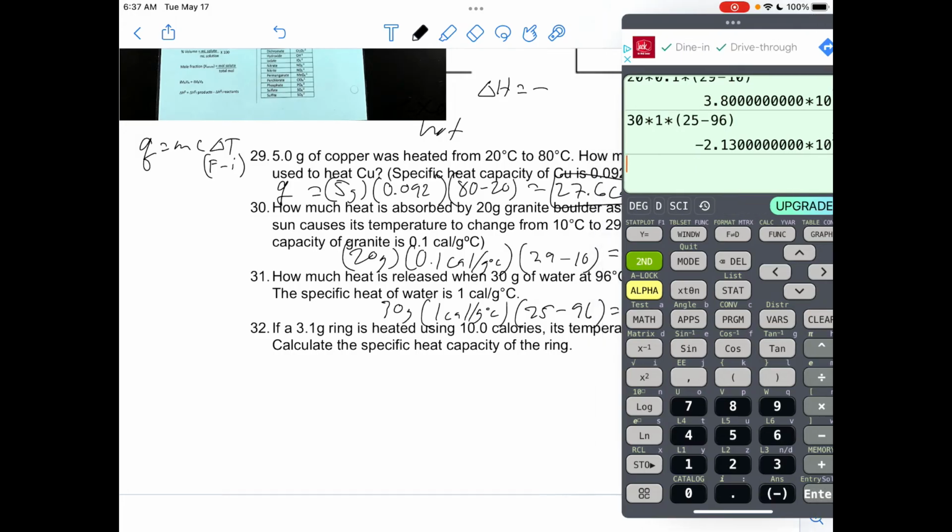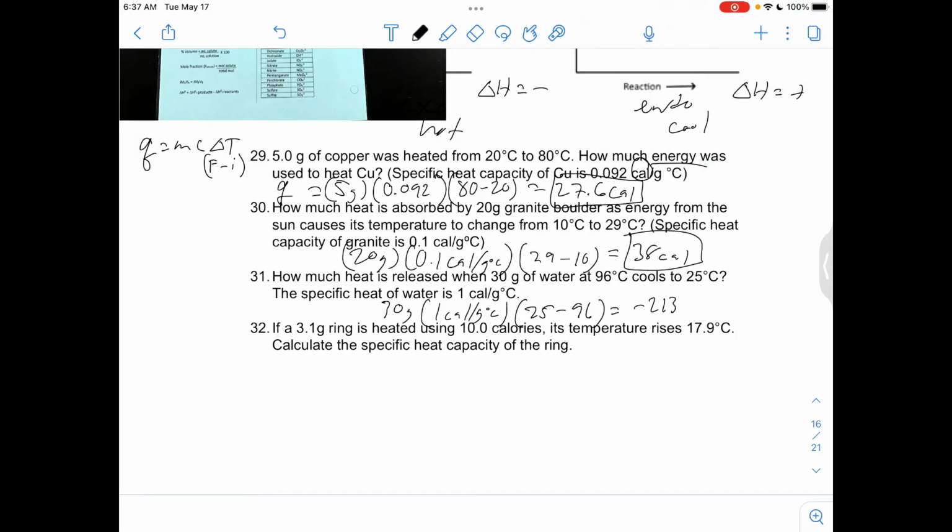So we get negative 213 calories. It released that amount. Absorbed would be positive numbers.